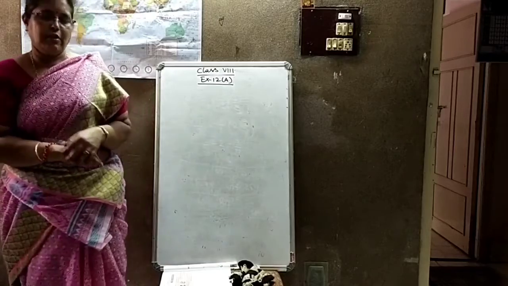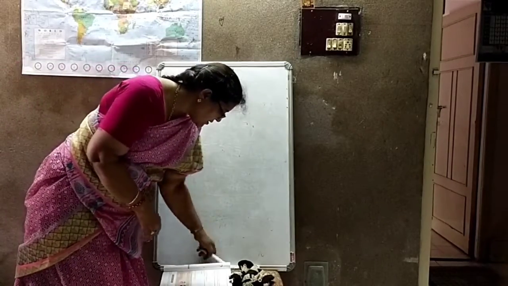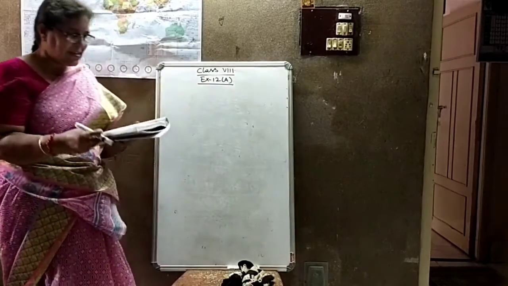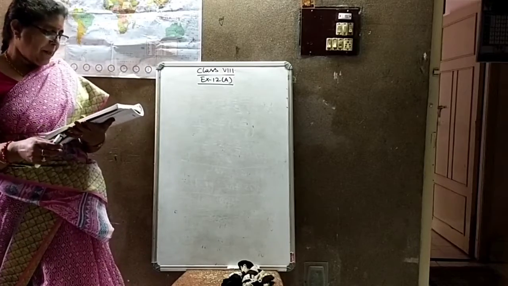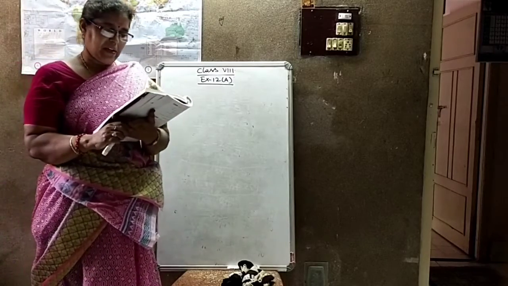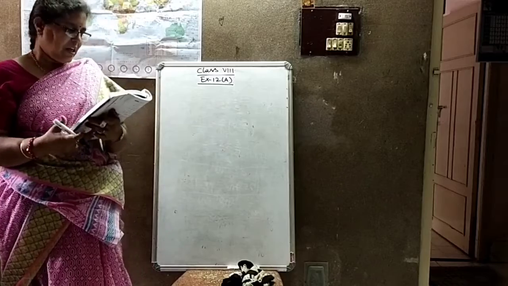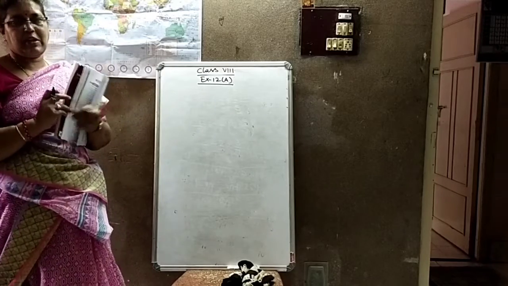Now coming to your exercise, one sum is left over, the ninth sum in 12A. How many pencil boxes of the dimensions given can be packed in a carton, each of whose edge is 30 centimeters?